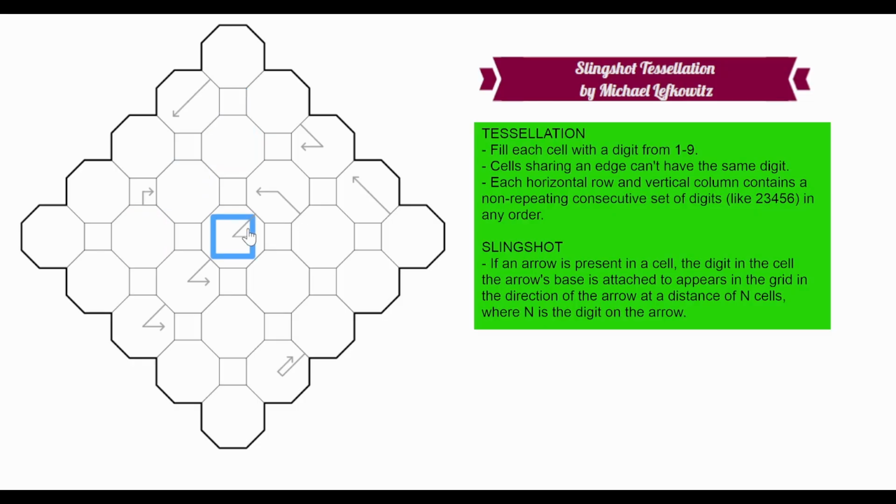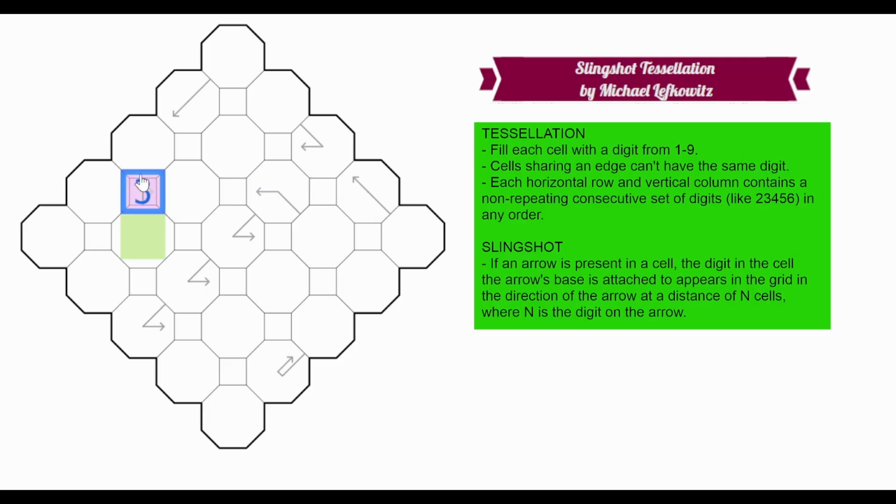Then we also have these slingshots, as you can see, these little things. If we have a slingshot, let's take this one for example, we have this cell and this cell. The digit in this cell gives us the distance that this digit is going to be shot in this direction.